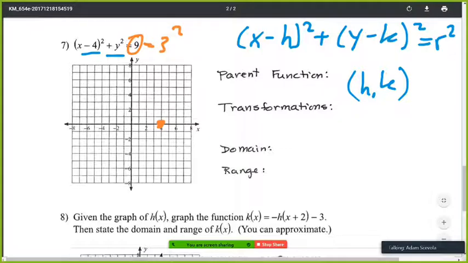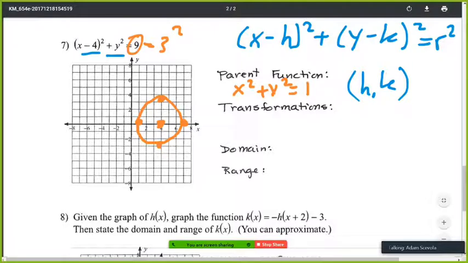So if you just move 3 up, down, left, and right from the center, then there's your graph right there. The parent function would be a circle where the center is (0, 0) and the radius is 1.